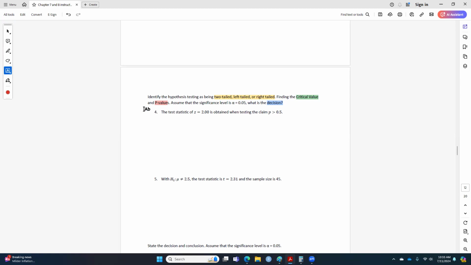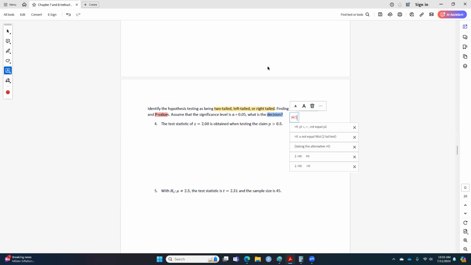So in order to figure out two-tail, left tail, or right tail test, you have to know your H1, okay? Because the H1 will tell us whether we are using less than, greater than, or not equal to.